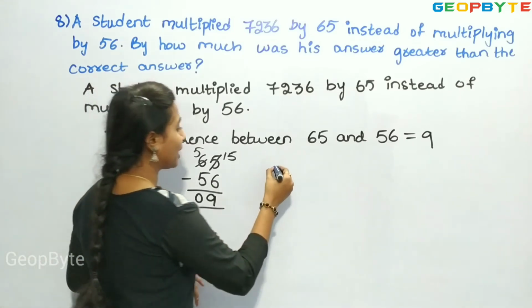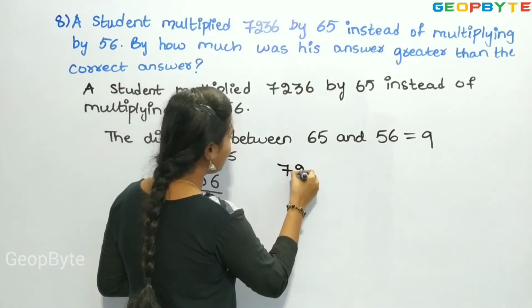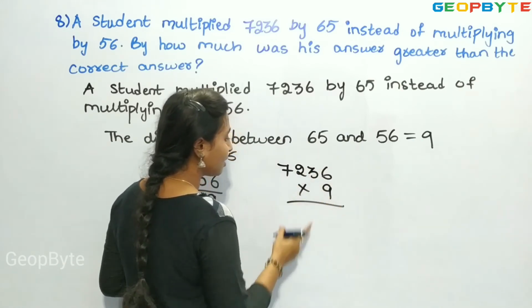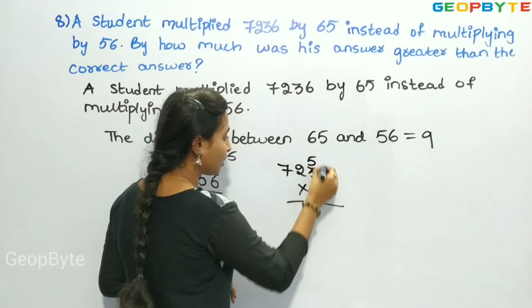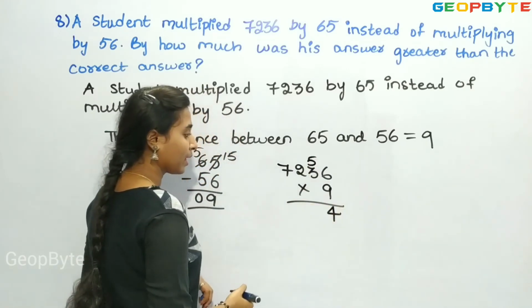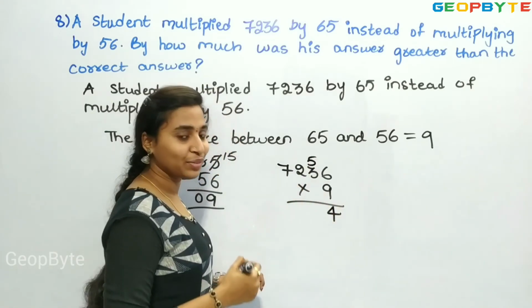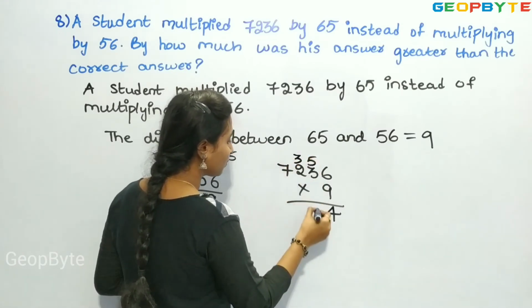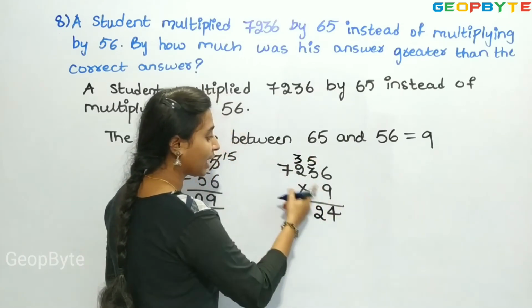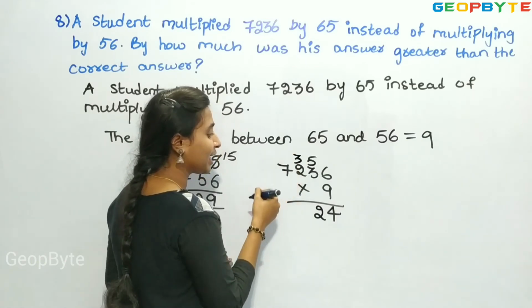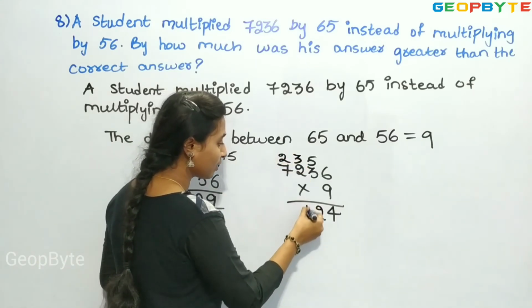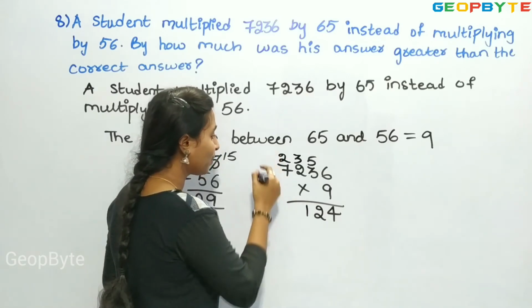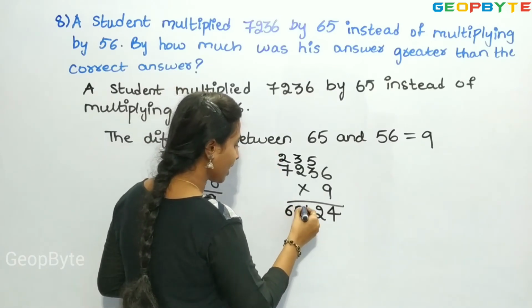See, first let us multiply 7,236 into 9. 9 6s are 54. 9 3s are 27 plus 5, 32. 9 2s are 18 plus 3, 21. 9 7s are 63 plus 2, 65.